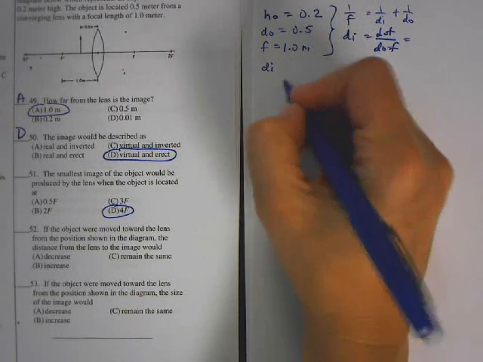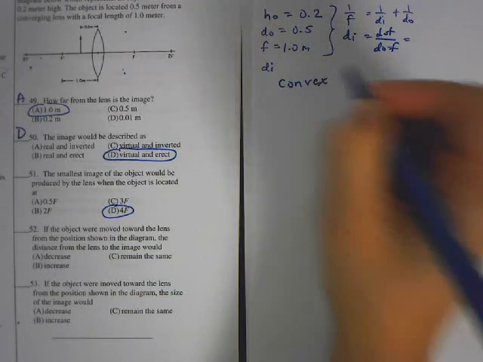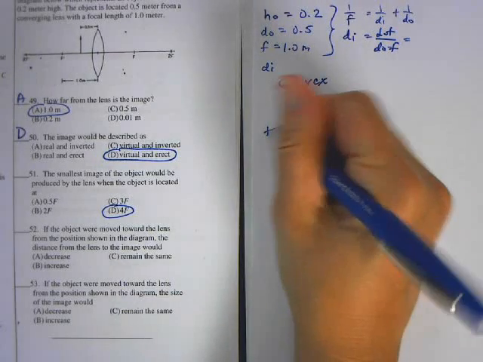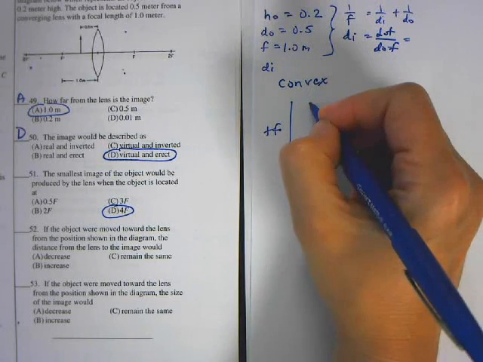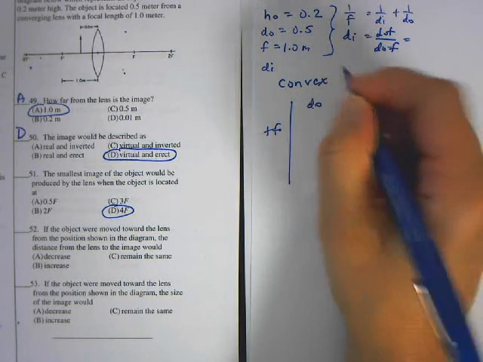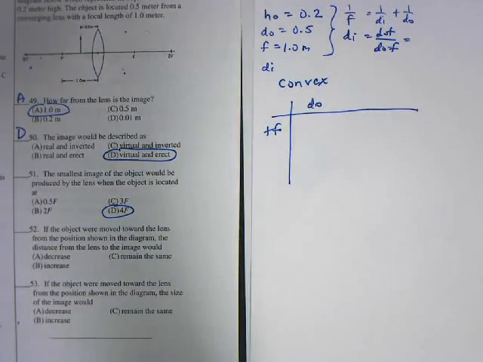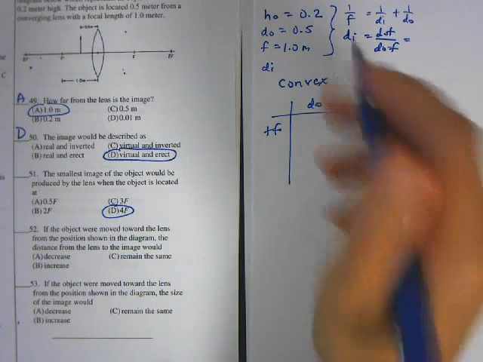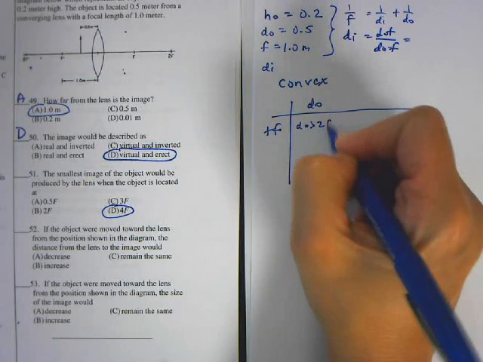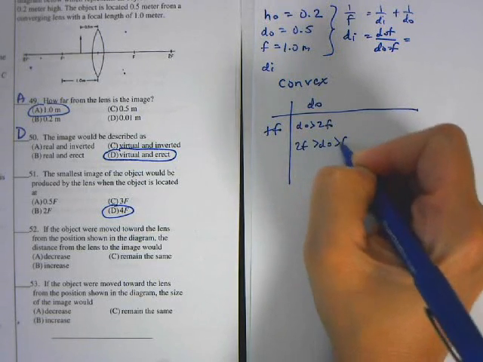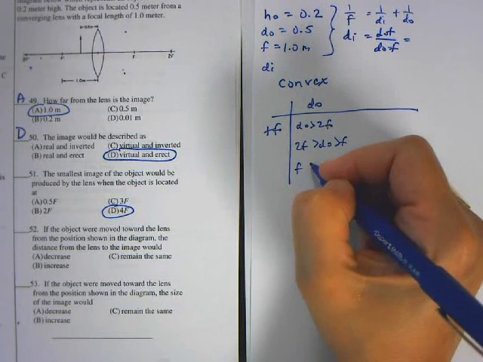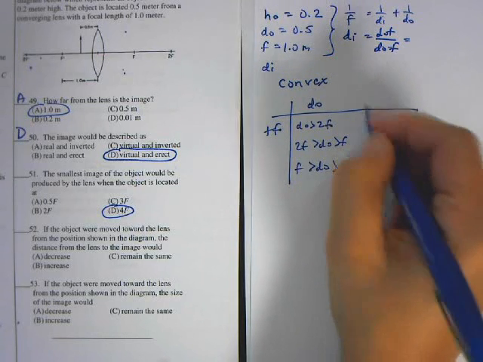So for convex lenses, again, if we look at a positive focal point and we look at things like DO, where is that object located in reference to the lens? So if it's located greater than 2F, between 2F and F, and then if it's between F and the lens, how's the image?